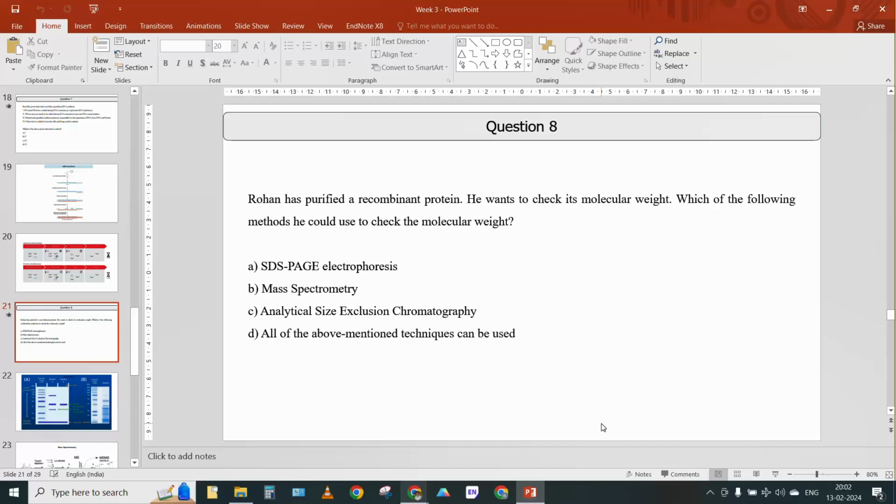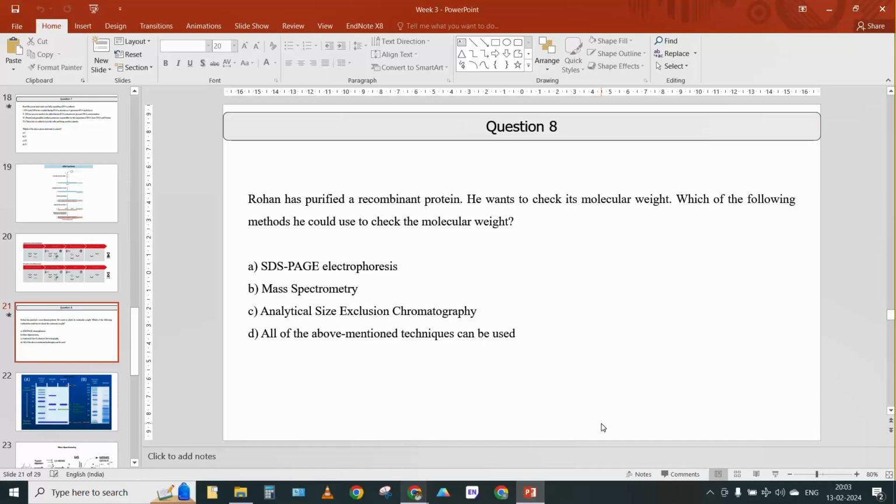And analytical size exclusion chromatography has beads in it. If I give an analogy, if we want to differentiate between a monomer or a dimer, it depends on the bead size, which will be retained in the bead and which will elute first, so it is also according to the molecular weight. Okay, correct.